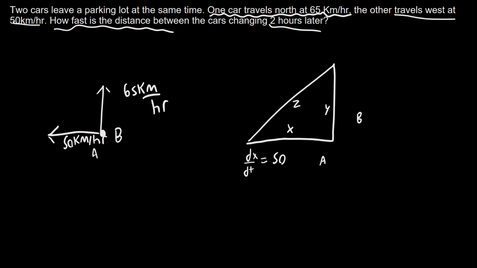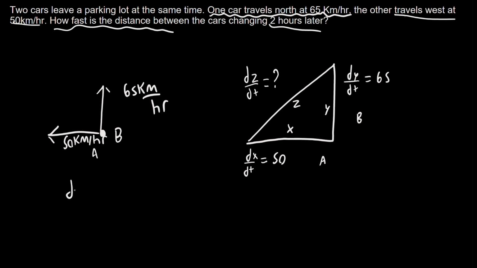And car B's speed is 65 kilometers an hour, so that would be dy over dt equals 65, because that's how fast side length y is changing. Now the question's asking for dz over dt 2 hours later.